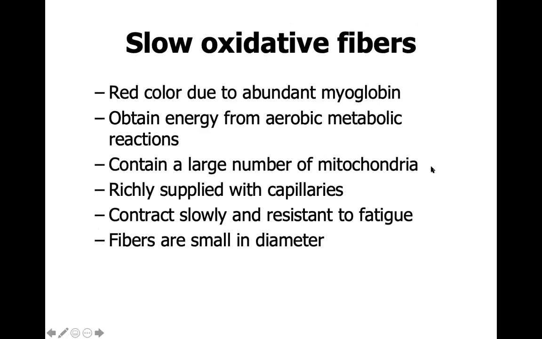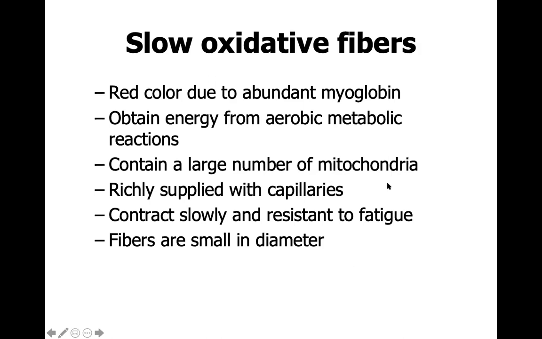So slow oxidative, how do we characterize them? Again, red color due to abundance of myoglobin as they store oxygen. As the name implies, they're producing their ATP through an aerobic process. They're going to have a larger number of mitochondria because mitochondria is the organelle that uses oxygen to produce ATP.